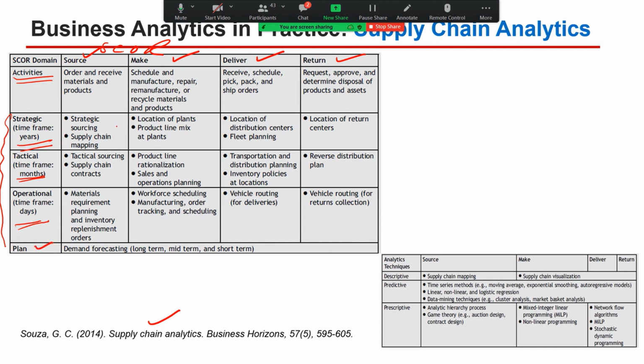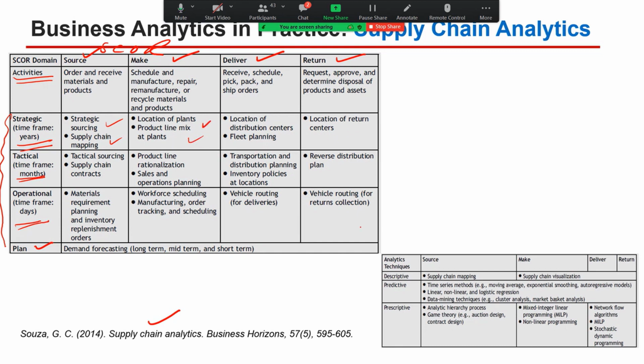So over here, I'm mentioning certain tasks. As a supply chain person at a strategic level, what kind of things are we doing? At the make level, what kind of things are we doing? Certain examples you can see over here.